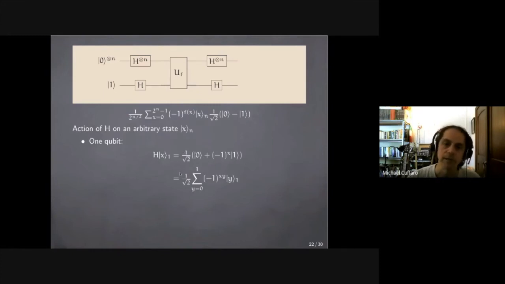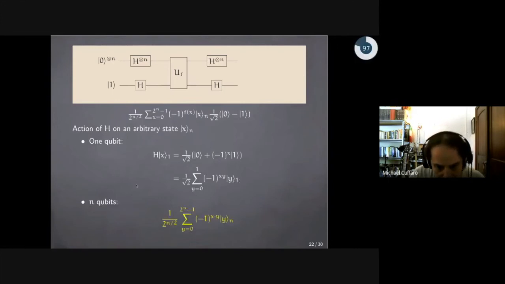Okay, so that works out correctly, and we can describe this more compactly, where y refers to these, right? So the sum over y equal to 0, 1 of minus 1 to the xy times y, for one qubit.